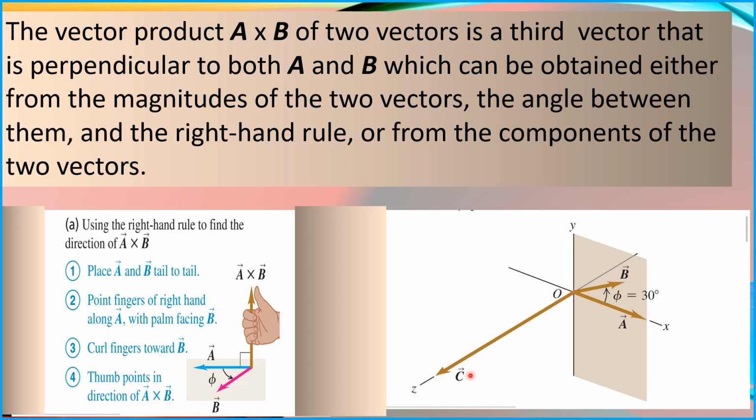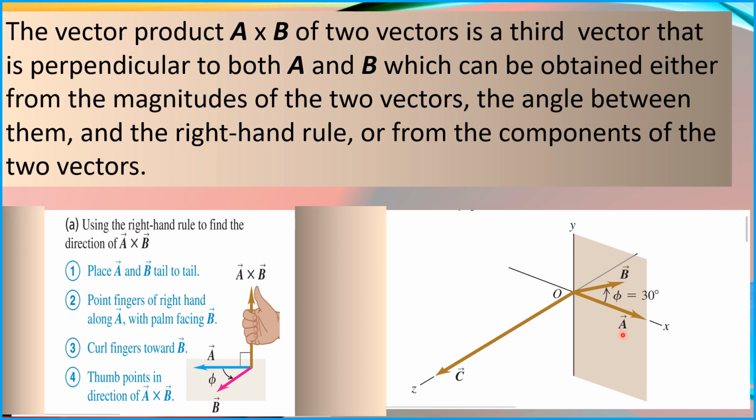How is the direction of the vector product determined using the right-hand rule? So we have here the steps that you have to take in order to determine the direction of the vector product of two vectors such as vector A and vector B. First, you have to place the two vectors, vector A and vector B, tail to tail.